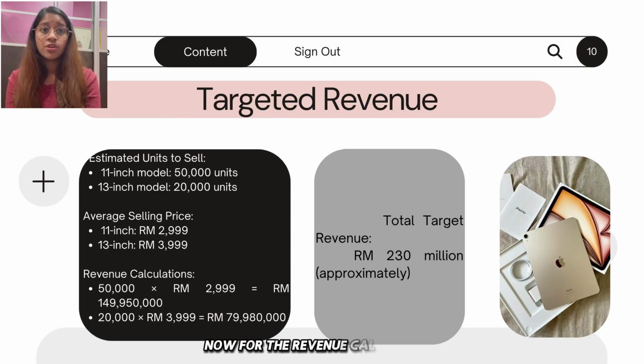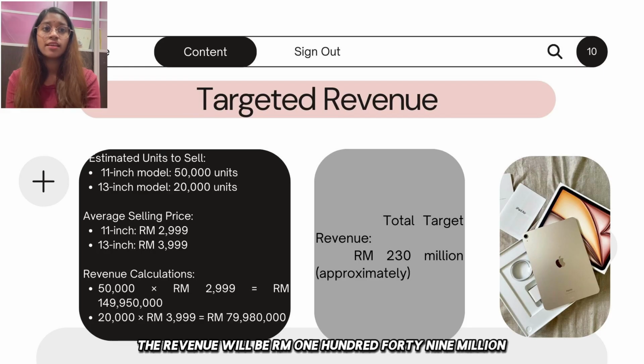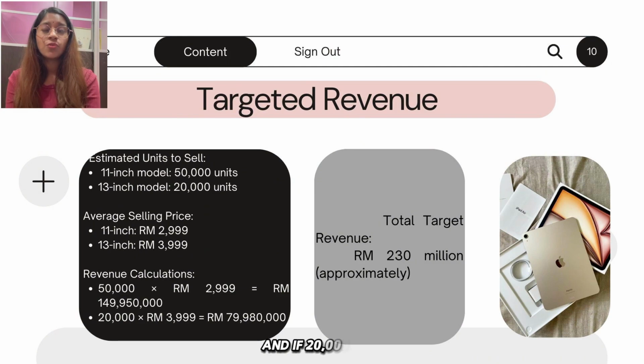Now, for the revenue calculation, if 50,000 units of the 11-inch models are sold at RM 2,999, the revenue will be RM 149,950,000, and if 20,000 units of the 13-inch model are sold at RM 3,999, the revenue will be RM 79,980,000.